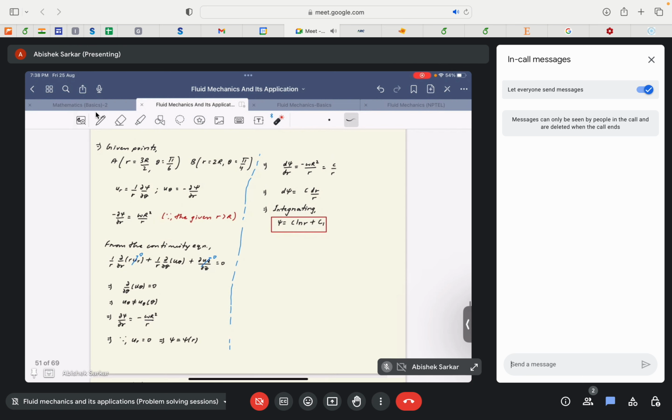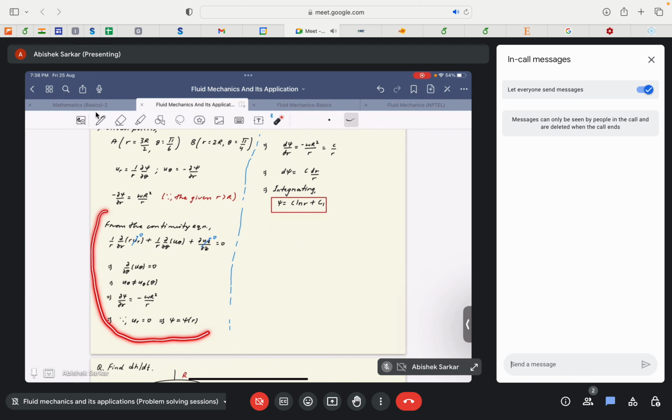I have verified the same thing from the continuity equation, just to make sure that we get the same outcome, that we finally get that our psi is a function of r only.